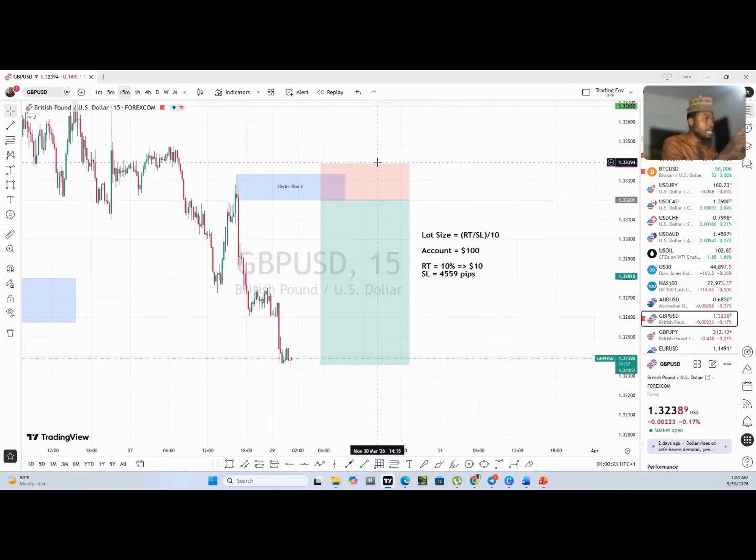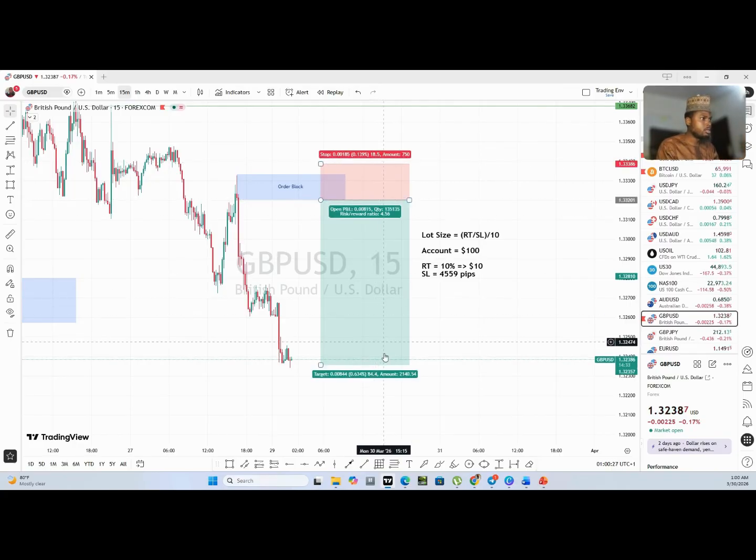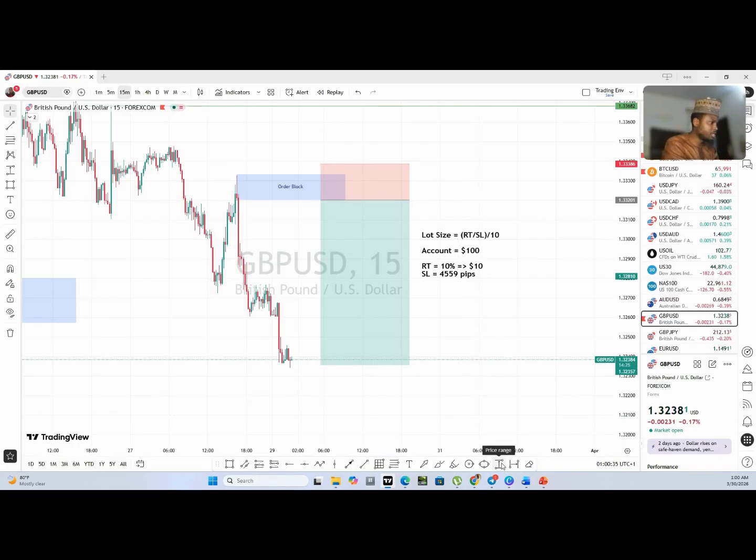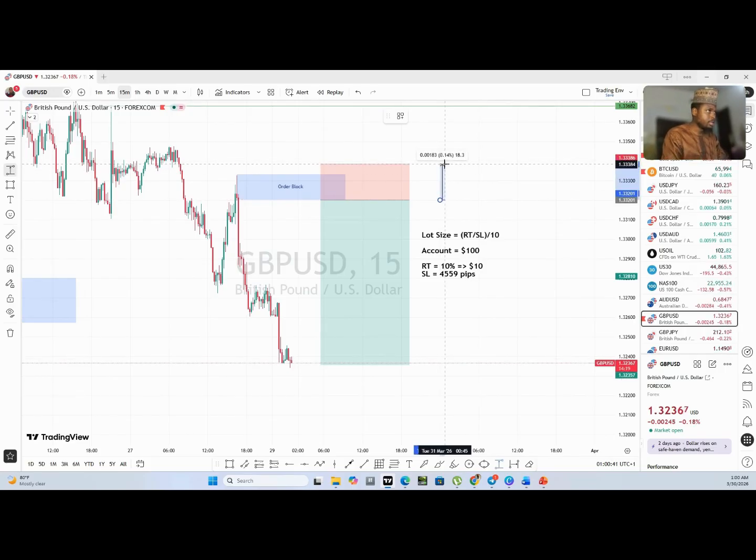As you can see, it's 18.5 pips, and my target from here to here is 84 pips. And there is another way, which is this price range. If you take it from here to here, it will give you the pips if you put it correctly. As you can see, 18 pips.